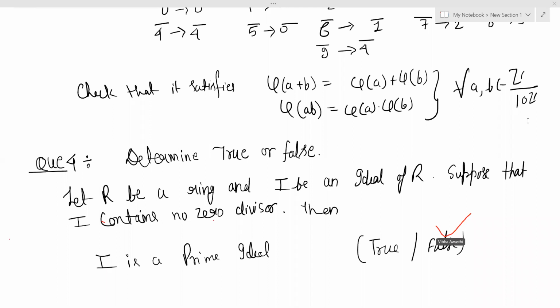Okay. So suppose R is the ring of integers, then there is no zero divisor. So is every ideal a prime ideal? No, sir. Why?